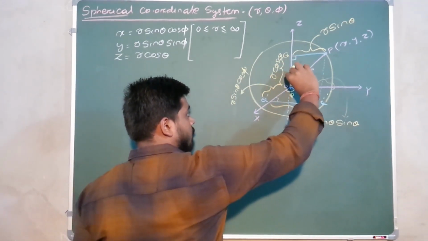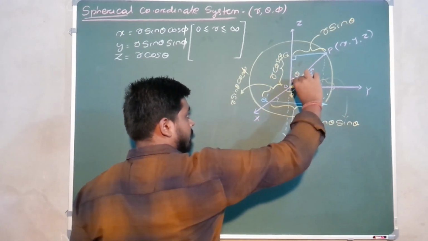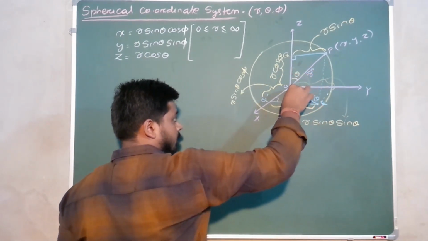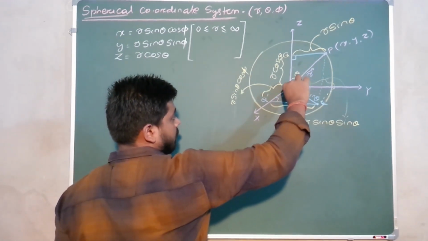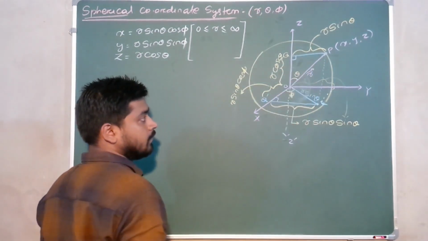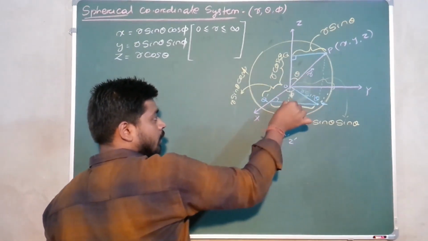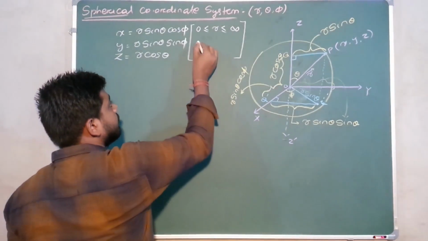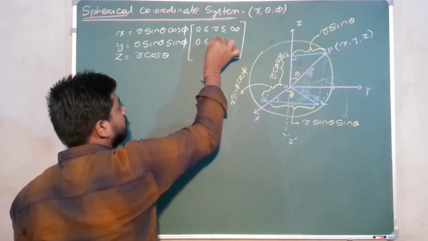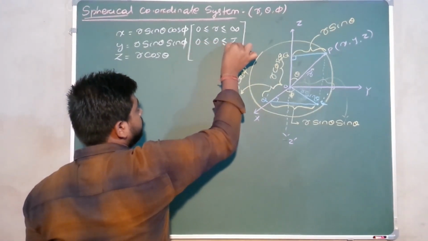Theta goes just like this and ends here. This is for theta. That is from 0 to pi. Yes or no? Theta is from 0 to pi. 0, theta, pi.